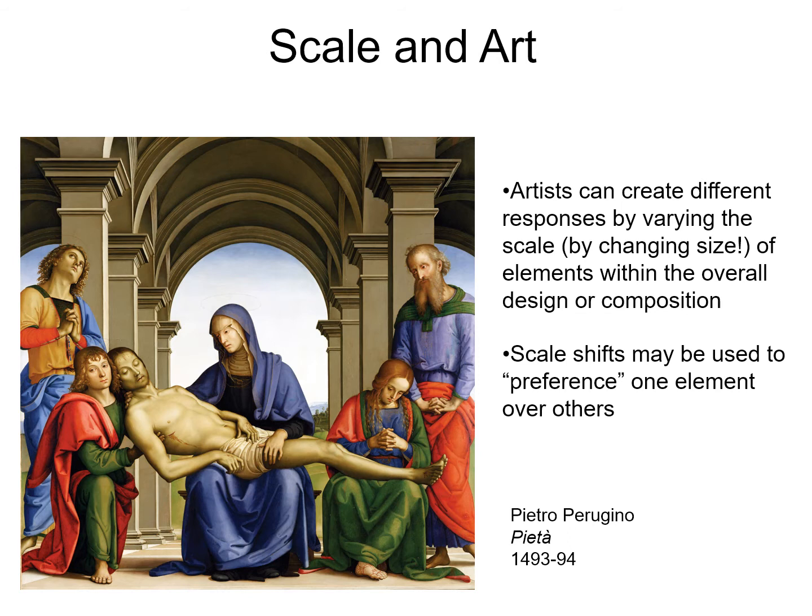This particular example is Perugino, a famous late Renaissance Italian painter. And Perugino has chosen to make the Jesus figure really pretty massive. I mean, he would be crushing Mary's legs here if he was sitting on her like that.